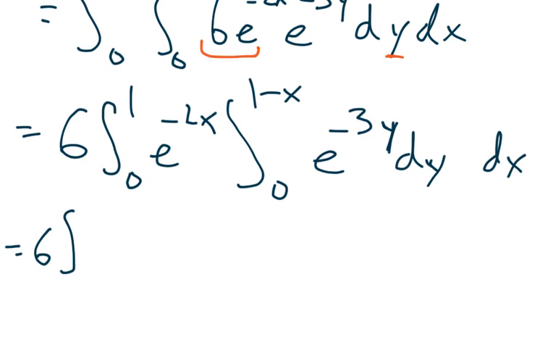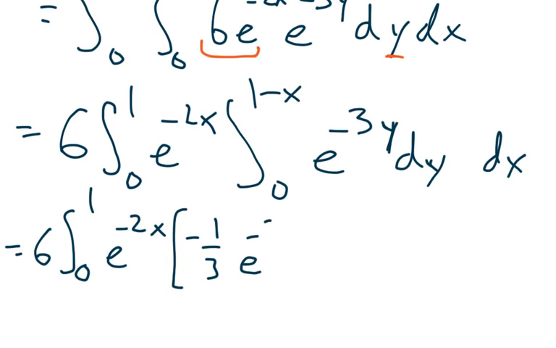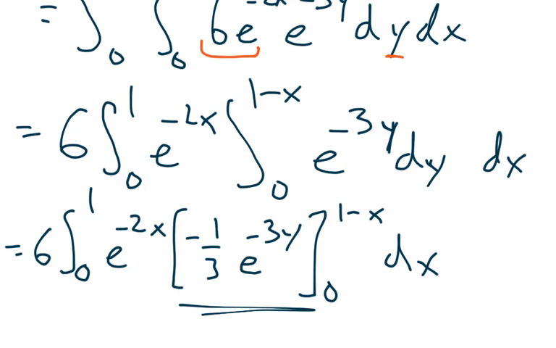So this is 6. I still have this integral, e to the minus 2x. And this one gives us a minus 1 over 3, e to the minus 3y from 0 to 1 minus x, dx. So I'm going to have to plug this in, right? So m is equal to 6, integral from 0 to 1.